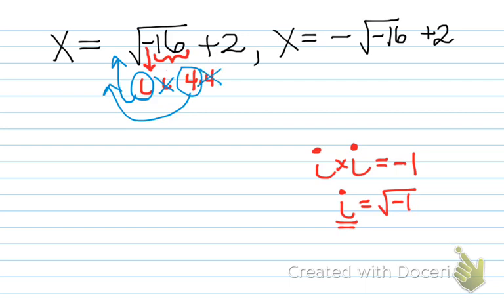So there's nothing left over. Therefore, for the first x, since i comes out and 4 comes out, we have 4i. And there are no numbers inside the square root, but we have the +2.